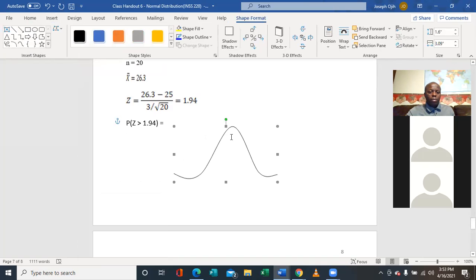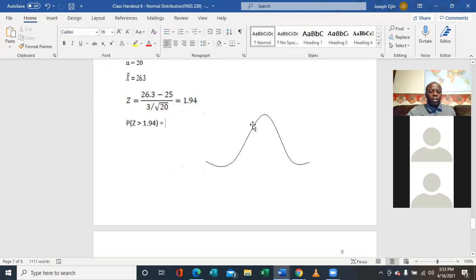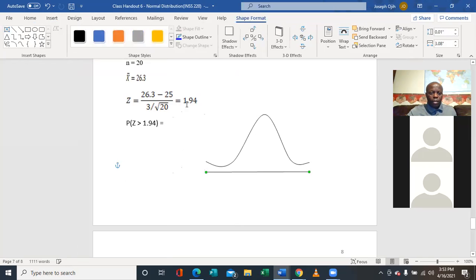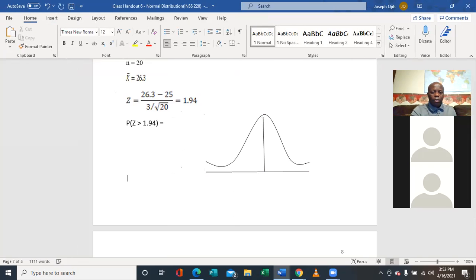I'm gonna move it up a little bit. Good. Now we're gonna put the x-axis right here, and the line at the middle representing the mean, so that we have our 0 here.